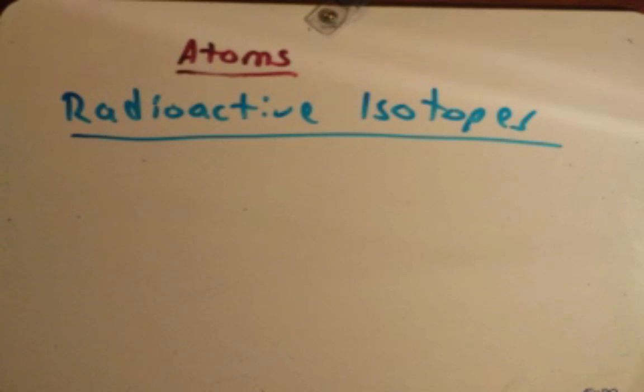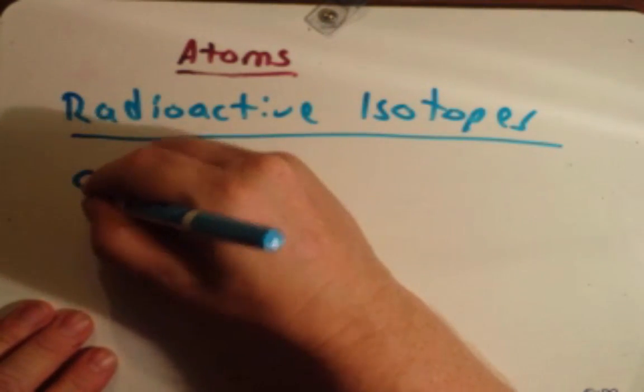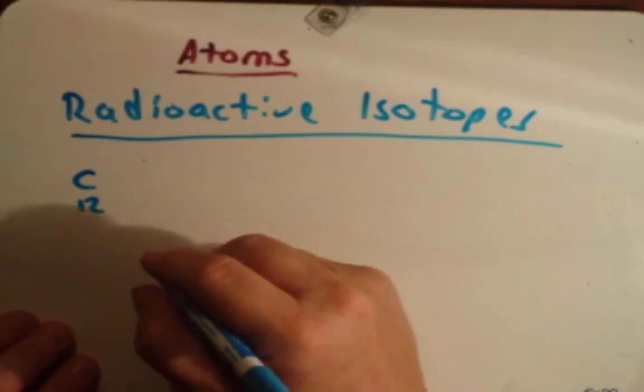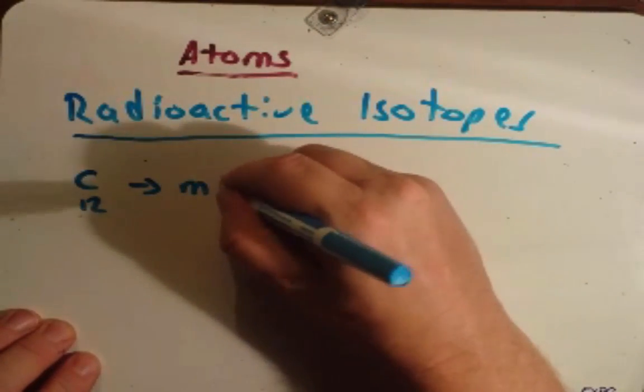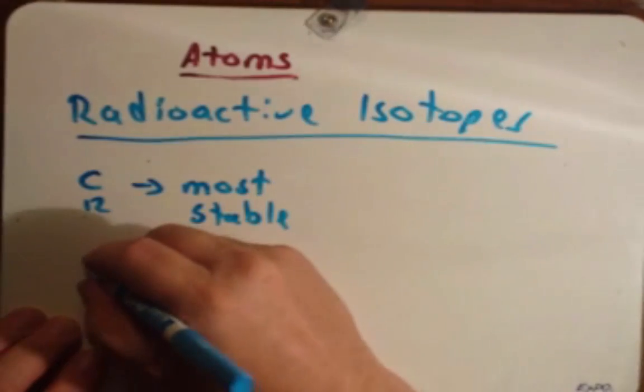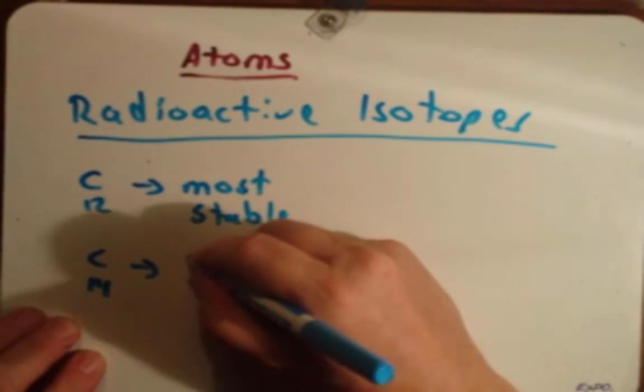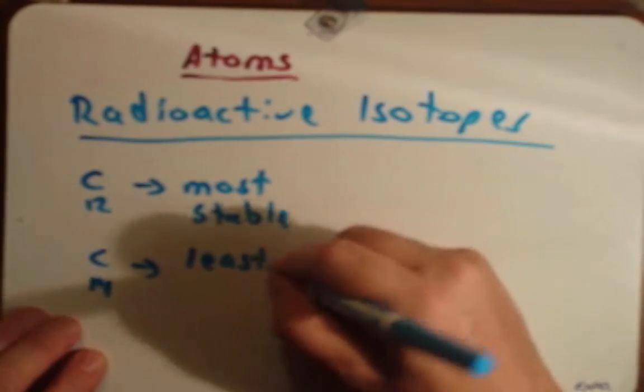These isotopes within any given atom have different types of stability. So for instance, carbon-12 is the natural form, or the most stable form I should say. And with that, we also have isotopes, say, of carbon-14, which is less stable.